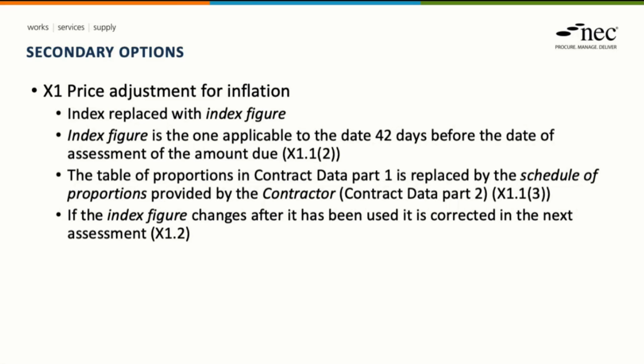Another key change is where the index figure that has been used to calculate the inflation changes, or is corrected, should I say, in due course, then the payment that was made using the old figure is subject to being adjusted or corrected to take account of the new figure.